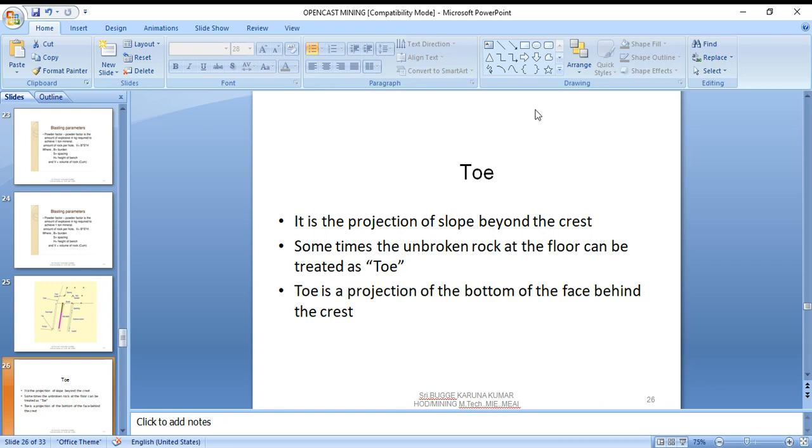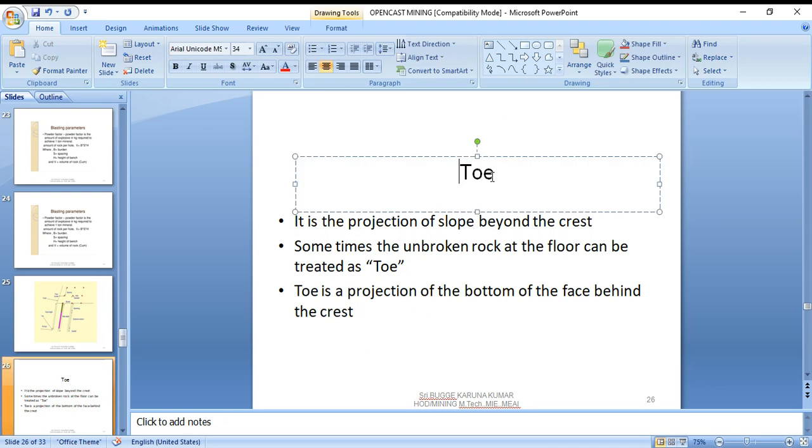So, whether the toe is required or not, you can understand from the first definition. Toe is an unwanted thing because the area will be zigzagging in nature. I can show it with the figure here.